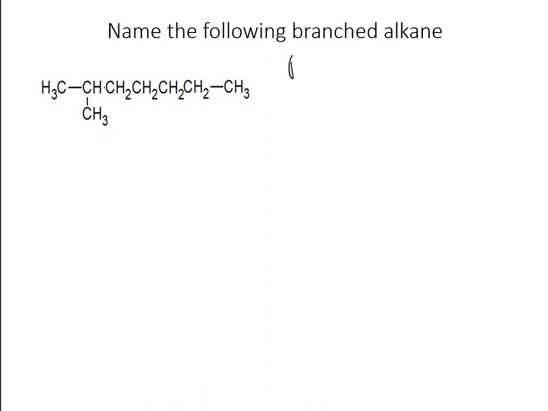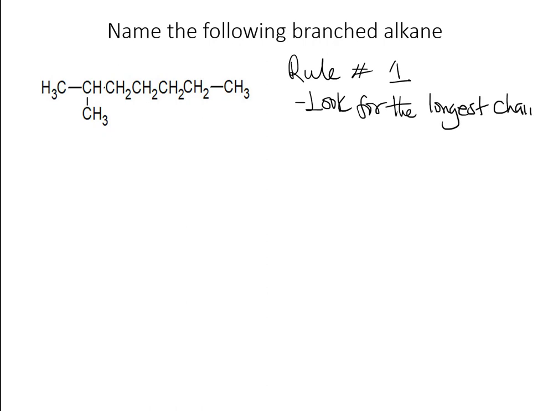So rule number 1: look for the longest chain on your alkane. How do you know the longest chain? It depends on the number of carbon atoms in the chain. That is rule number 1.